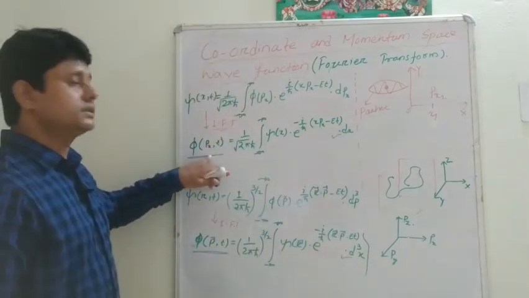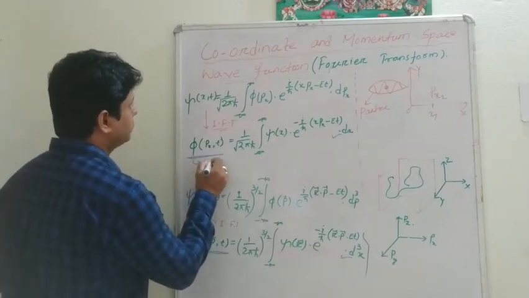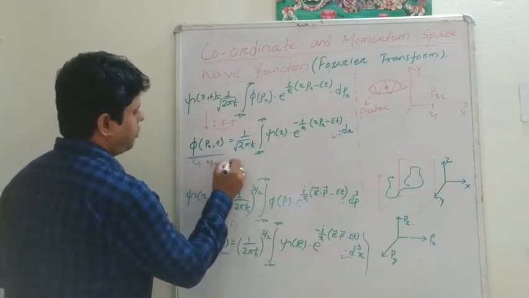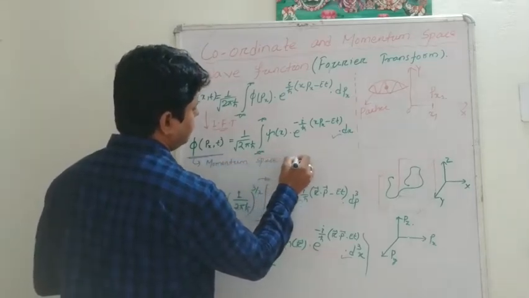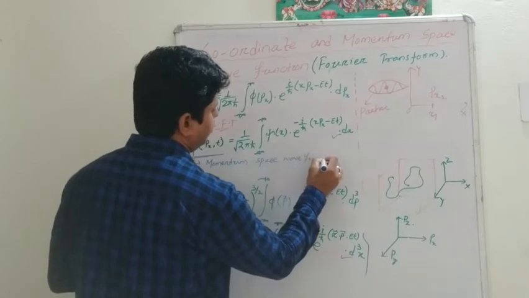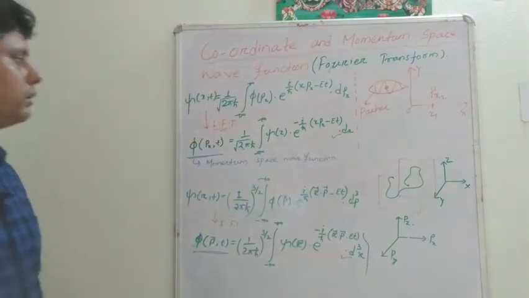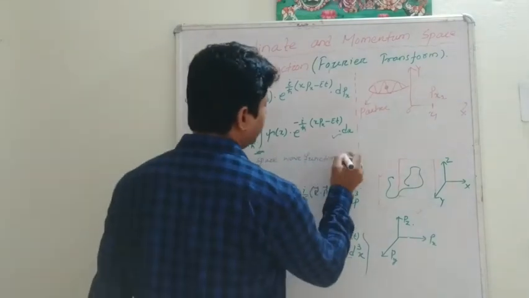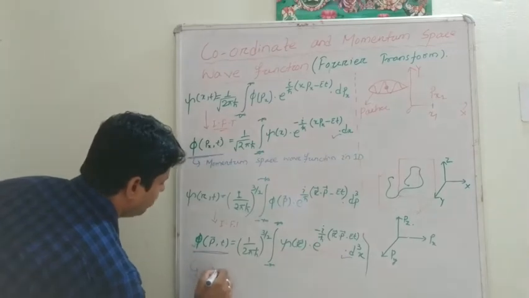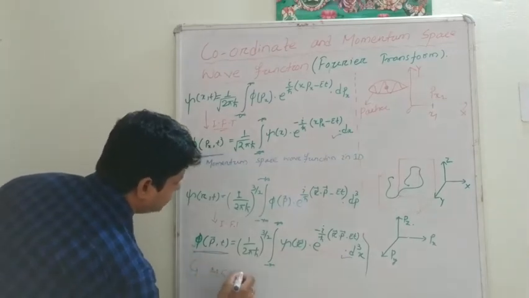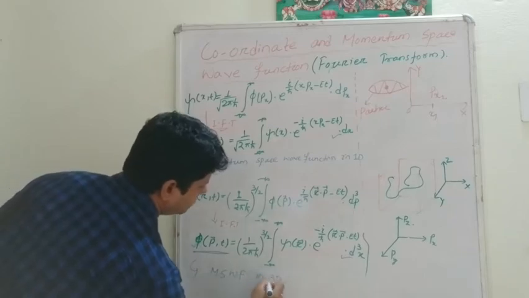So this is nothing but the so-called momentum space wave function. This will be the so-called momentum space wave function in 1D, and this will be called the momentum space wave function in 3D.